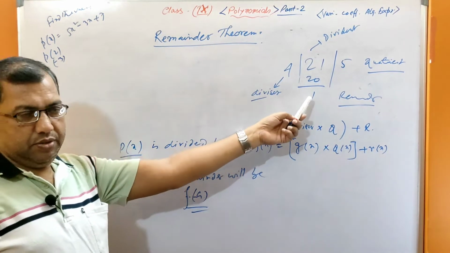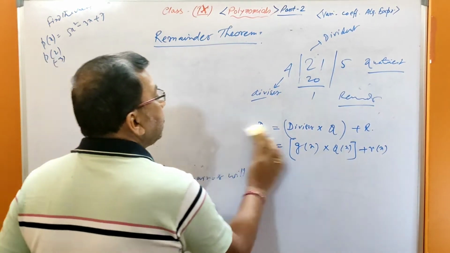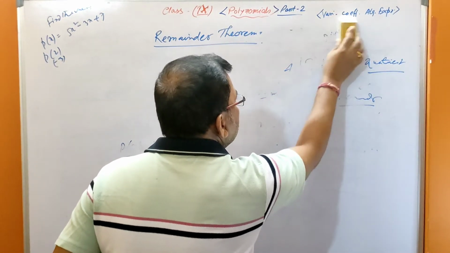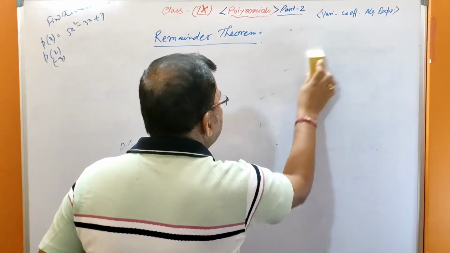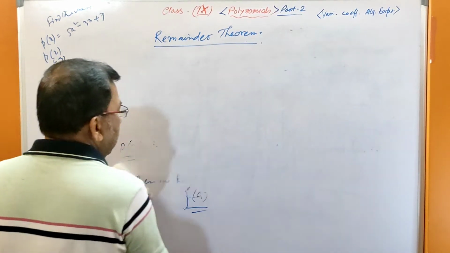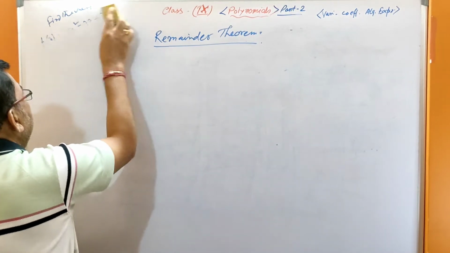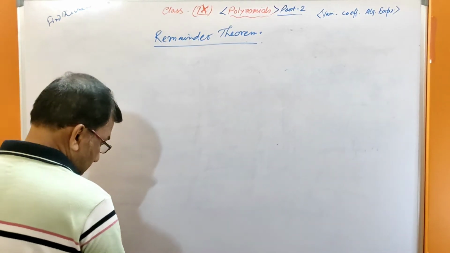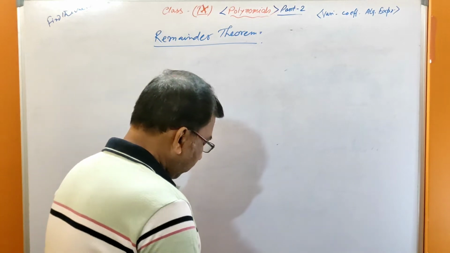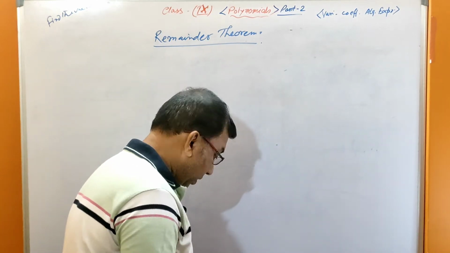Without actual division, see out here, by long division method you can easily find the remainder of anything, but without actual division, how do you find the remainder?